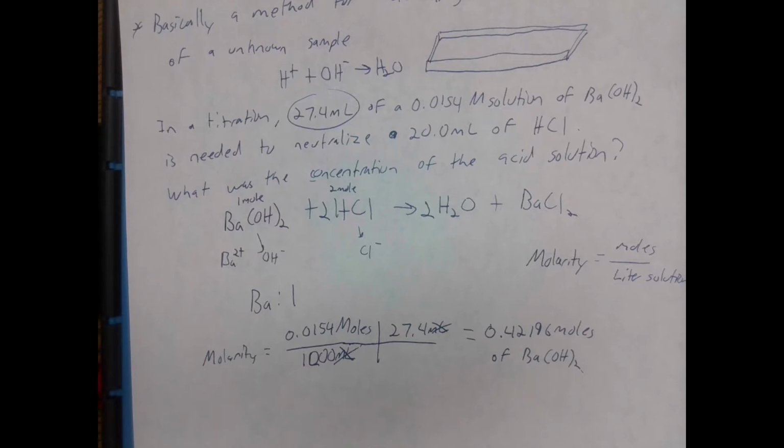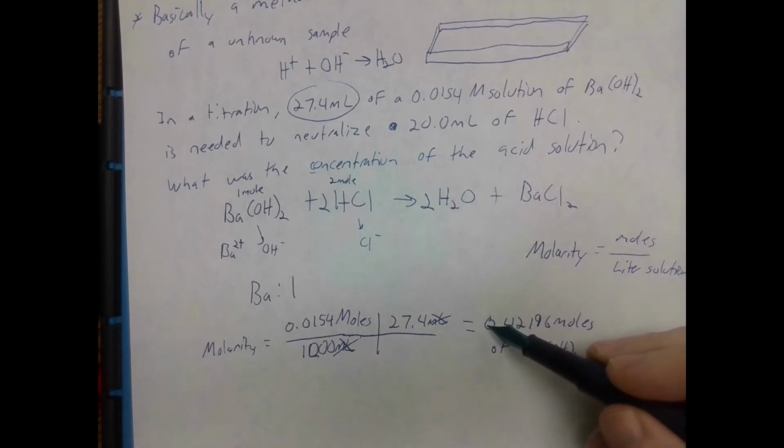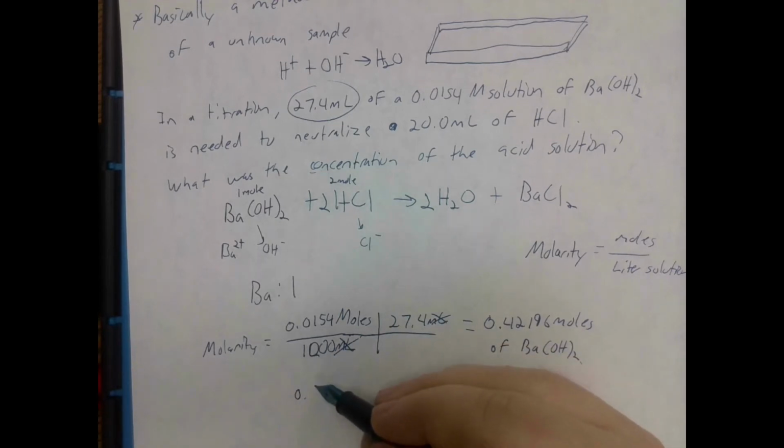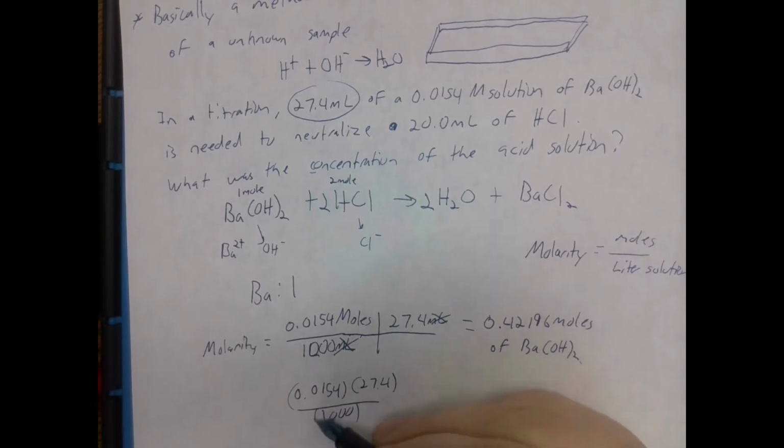I made a mistake. I forgot to divide by 1,000. I was assuming that was still 1. 0.0154 times 27.4 divided by 1,000.